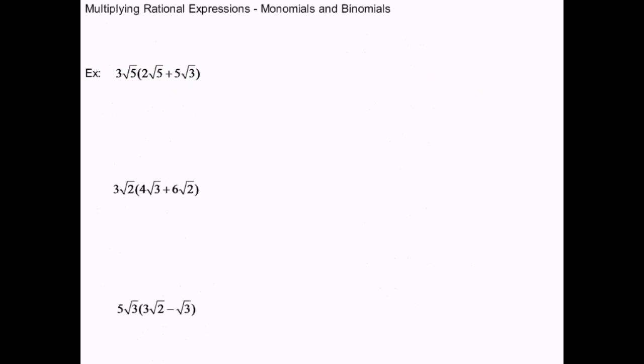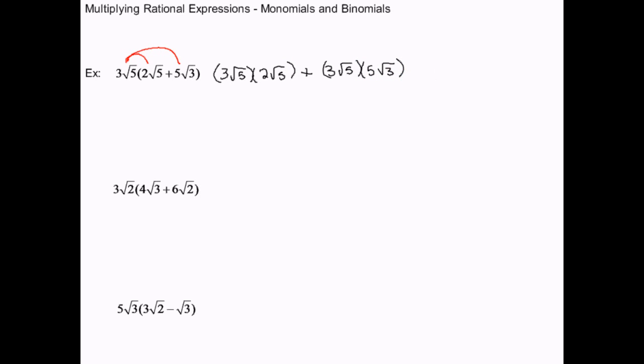Okay, so we discussed multiplying just simple radicals together before, but now we can multiply monomials and binomials. And we want to distribute, so we'll multiply each of these. And what I end up with is 3 times the square root of 5 times 2 times the square root of 5 plus 3 times the square root of 5 times 5 times the square root of 3.